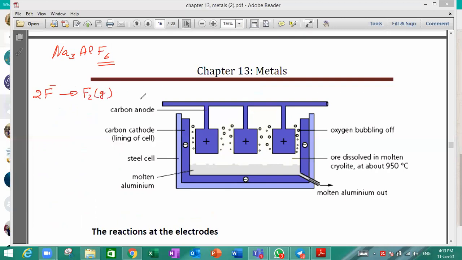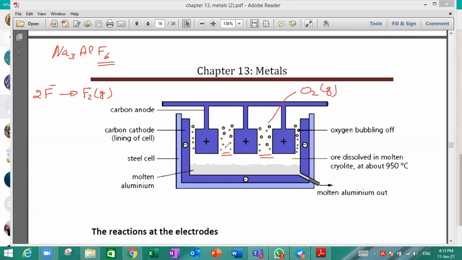And we know that all halogen gases are toxic gases. That's why this reaction should be done in a fuming cupboard. But now we said that at the anode, oxygen gas comes out. As you see, these are bubbles of oxygen gas.